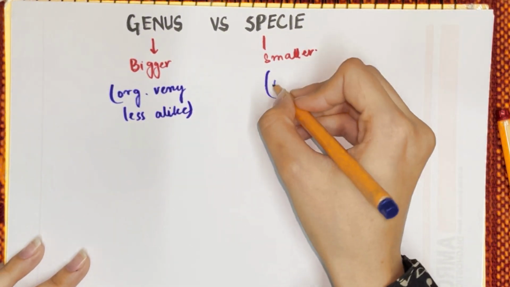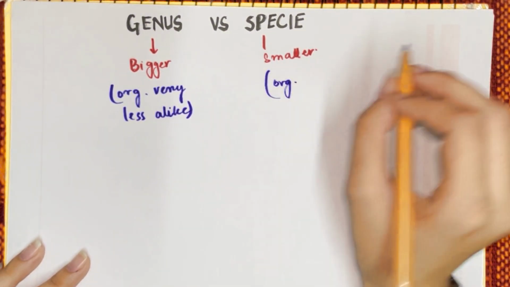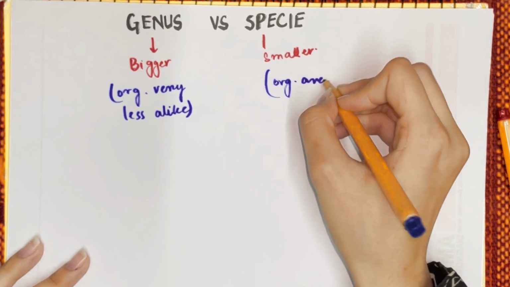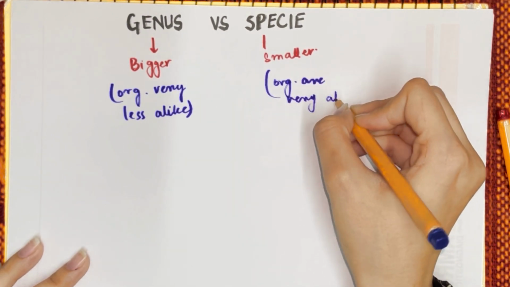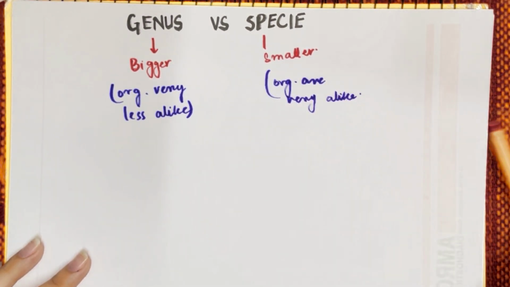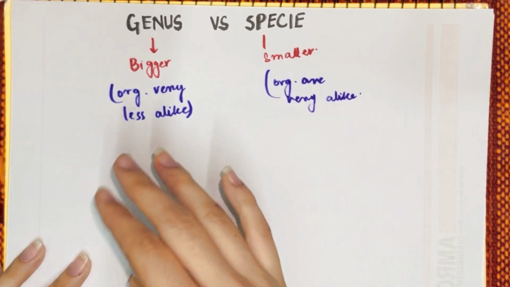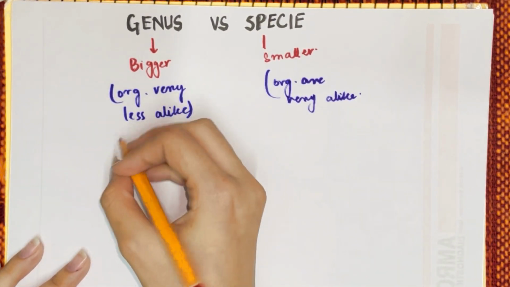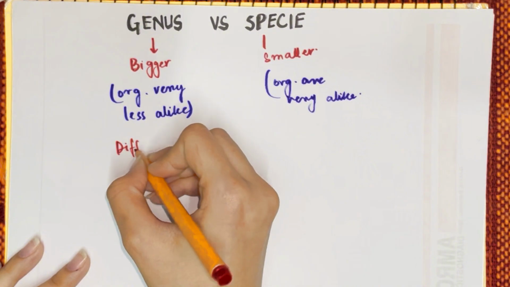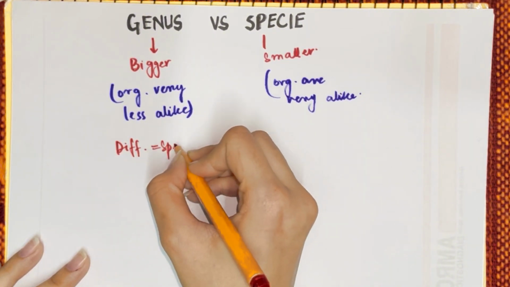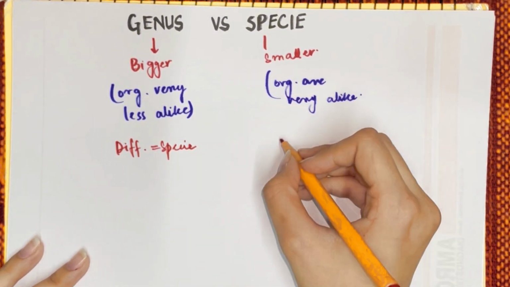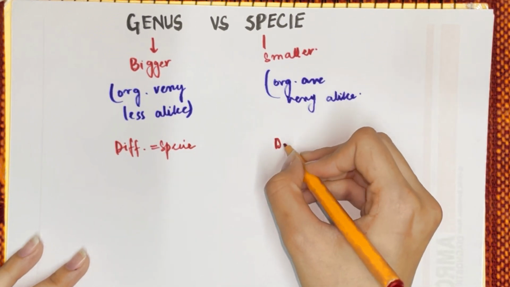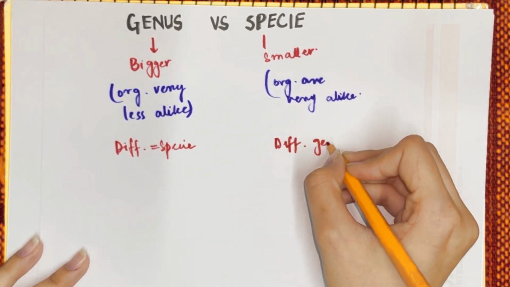Whereas the organisms in the species are almost similar, very alike. What happens in a genus is that the organisms have the same genus, but they have different species. Similarly, what is the difference when it comes to the species group? Species group have the same species, but they have different genus.